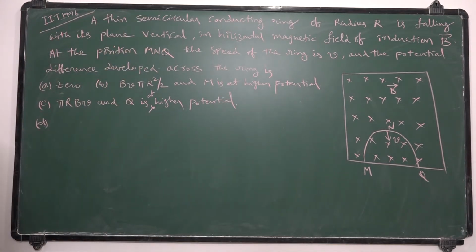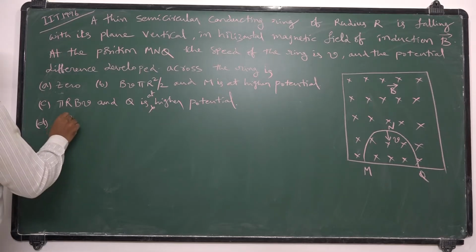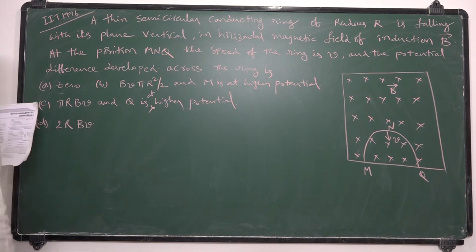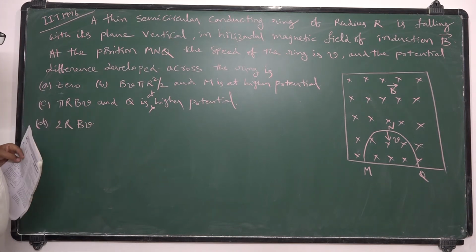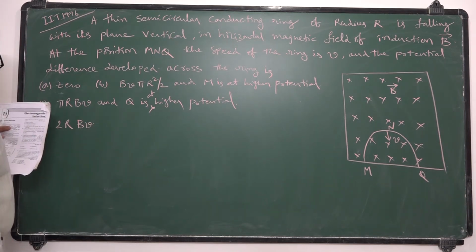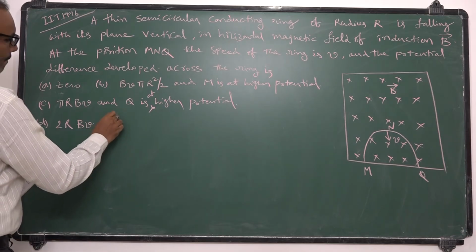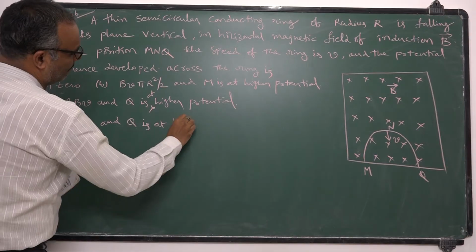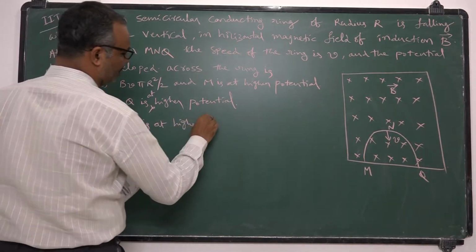Option D, 2r BV, and Q is at higher potential.